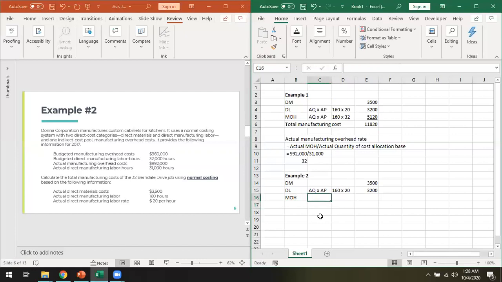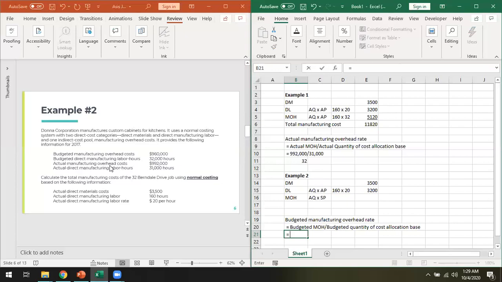In manufacturing overhead, we have to multiply the actual quantity and the standard price. So therefore, we have to first find the standard price or the budgeted manufacturing overhead rate. Budgeted manufacturing overhead rate is budgeted MOH divided by the budgeted quantity of cost allocation base.